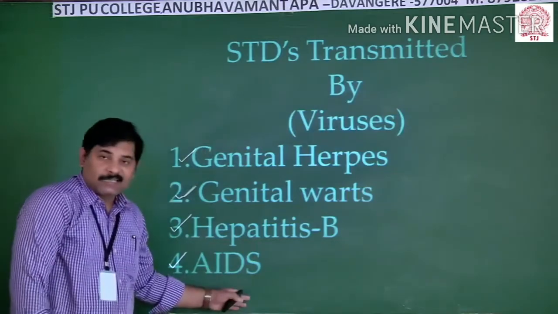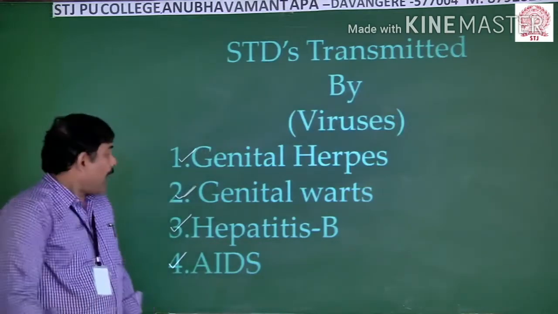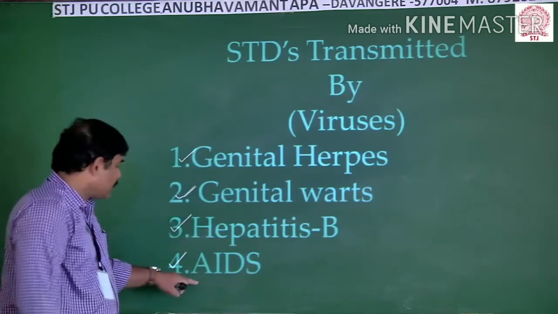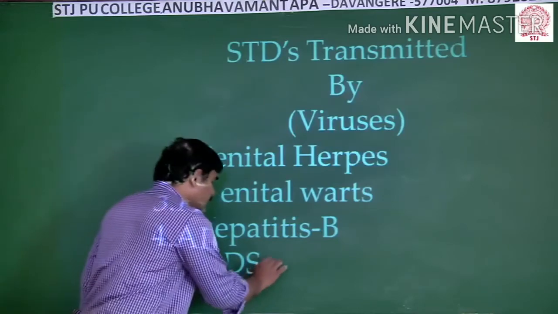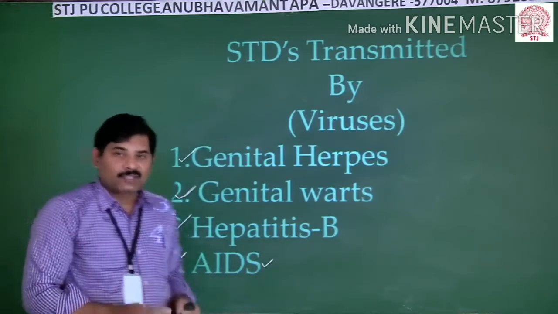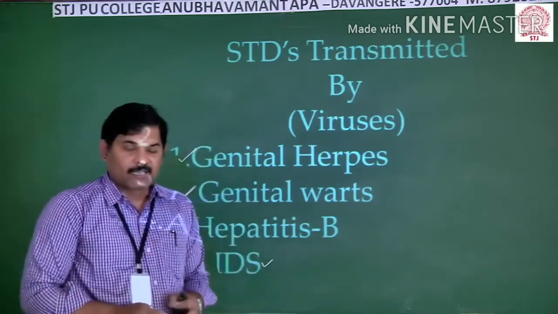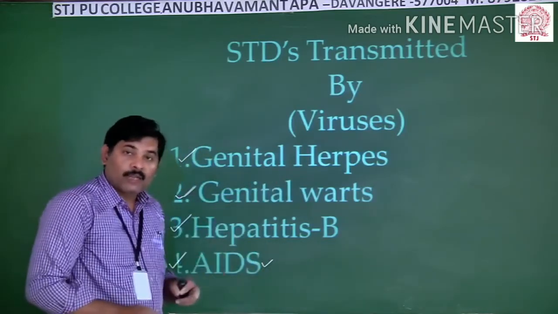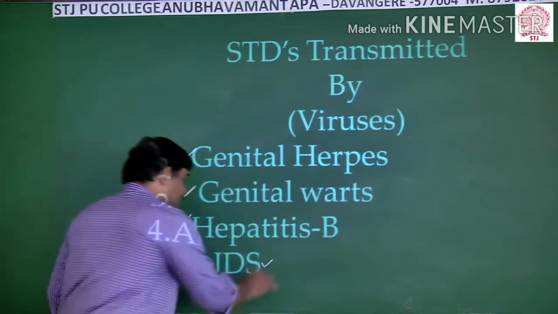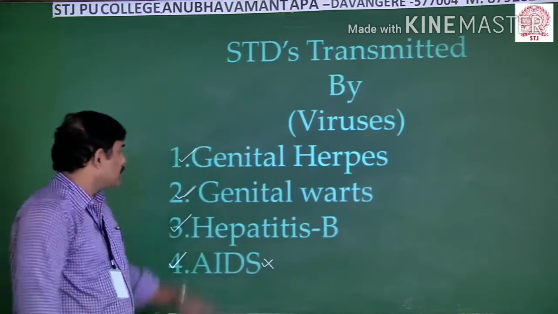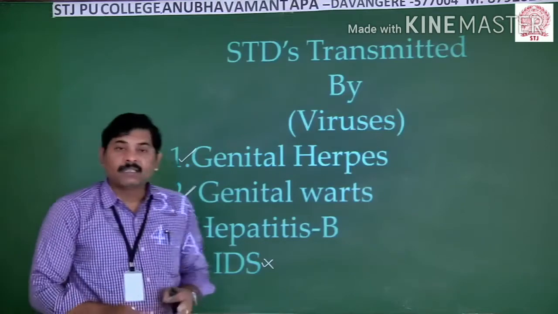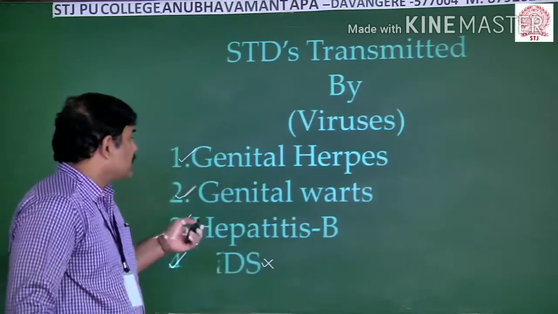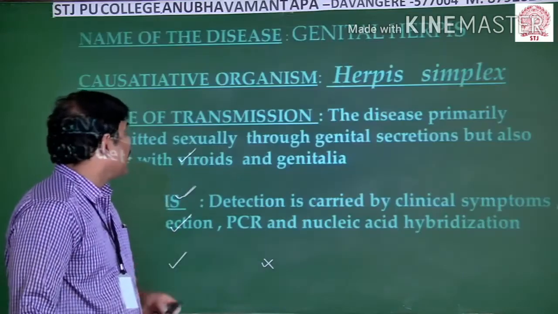Of all these diseases, in this session I am going to explain three different types of viral diseases, but I am not going to focus on AIDS, because in the 8th chapter, Human Health and Diseases, there is a detailed description of AIDS. There we are going to study AIDS in more detail. But in today's session, let us go with genital herpes, genital warts, as well as hepatitis B. So let us see the first one, that is genital herpes.